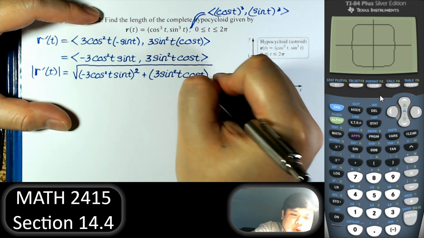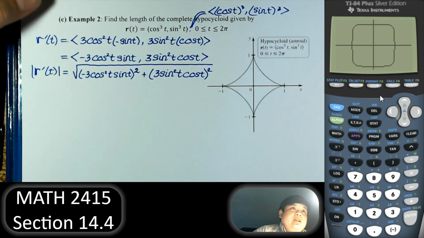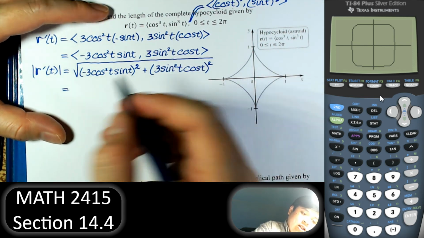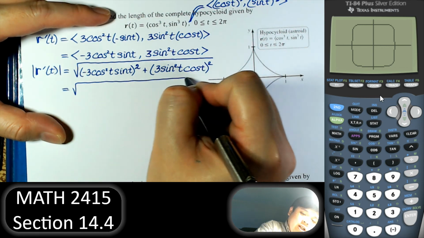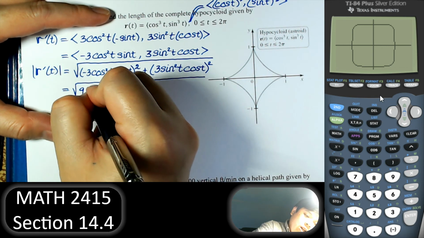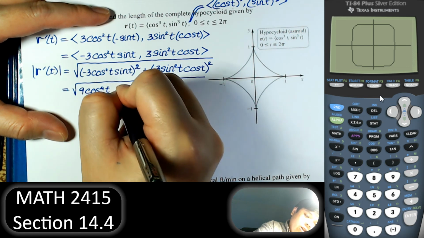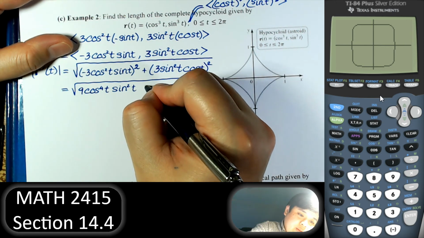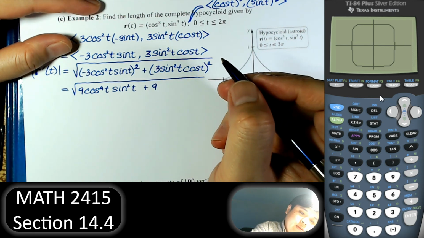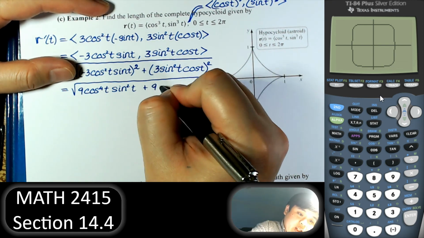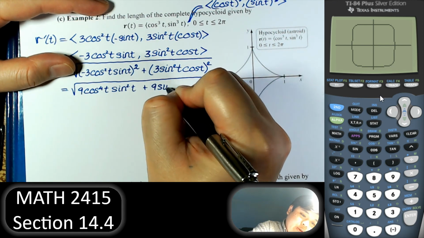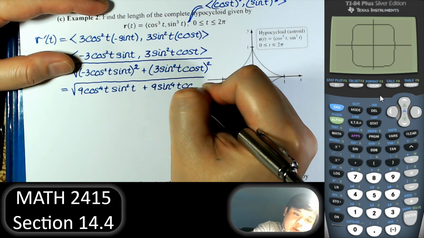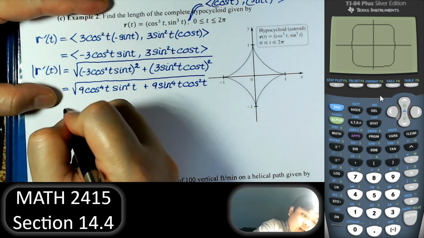I prefer to just do this and then put it in the integral and integrate. That gives us 9 cosine to the 4th sine square and 9 sine to the 4th cosine square. I said I'm not sure if we can even do this, but it looks like we can.